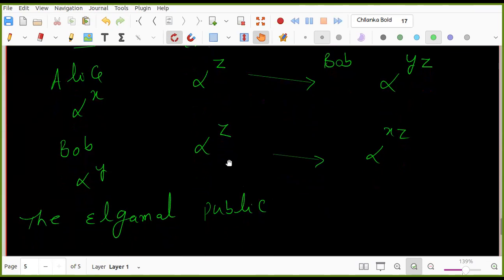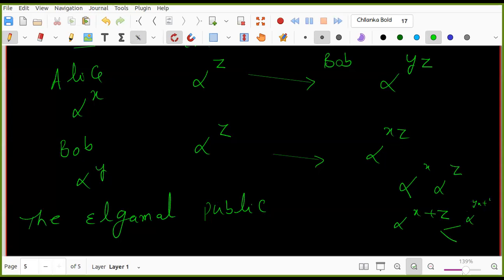Eve knows alpha, right? Yes. So Eve will multiply alpha power x by alpha power z, giving alpha power x plus z. Bob will receive that and raise it to the power y, so alpha power yx plus alpha power yz.